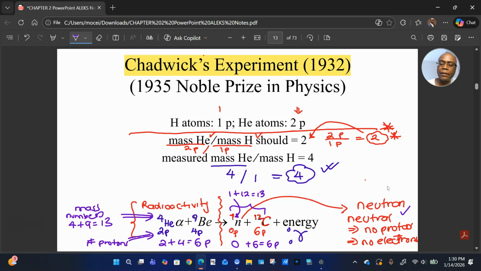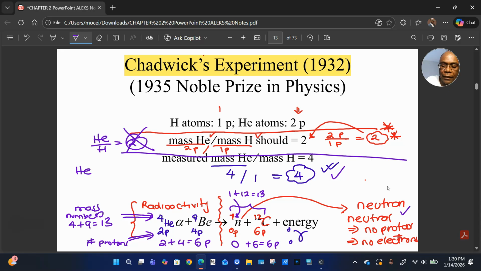And that discovery helped to explain the mystery as to why the ratio of the mass of helium to hydrogen is not 2. It's 4. Now we can account for that and say, okay, that means that helium must have 2 protons, as known before, but also 2 other particles that will help to make a mass of 4.